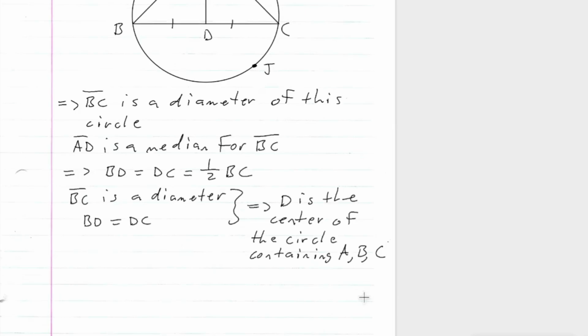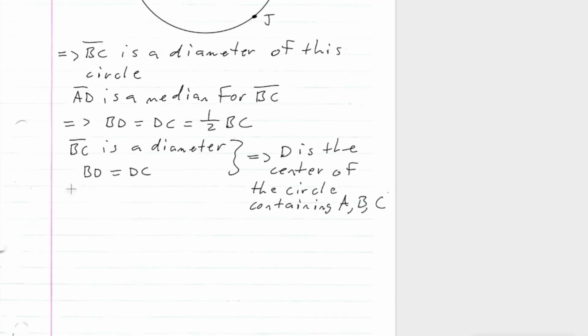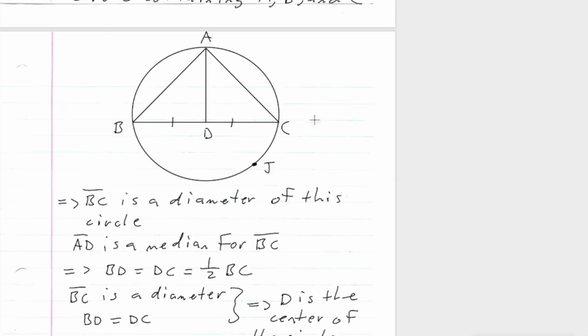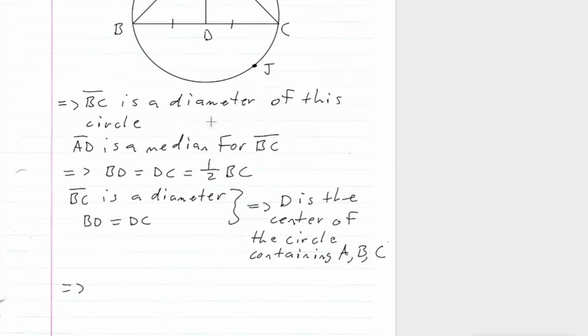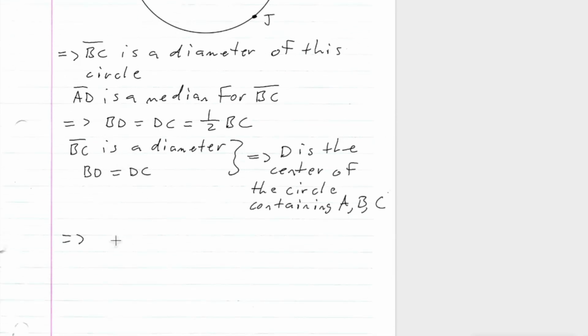So what this means is that A, B, and C are equidistant from a central point. And since we already have that BD is equal to DC, this implies that AD is equal to BD, which is equal to DC, and those are equal to half of BC.